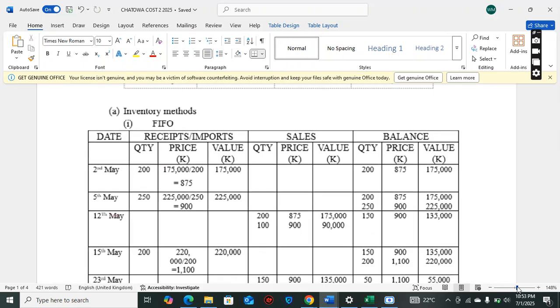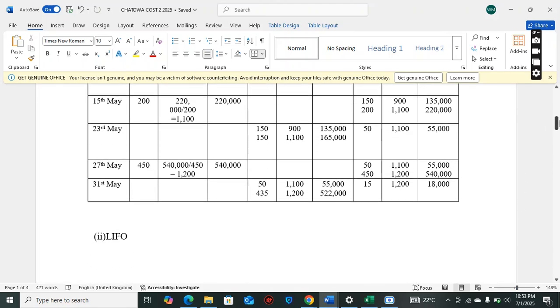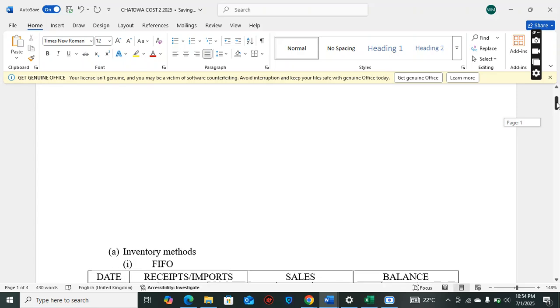Okay. So if you remember from your trading account, the way you get profit, gross profit, it is sales minus cost of goods sold. So we determine what's our total sales.